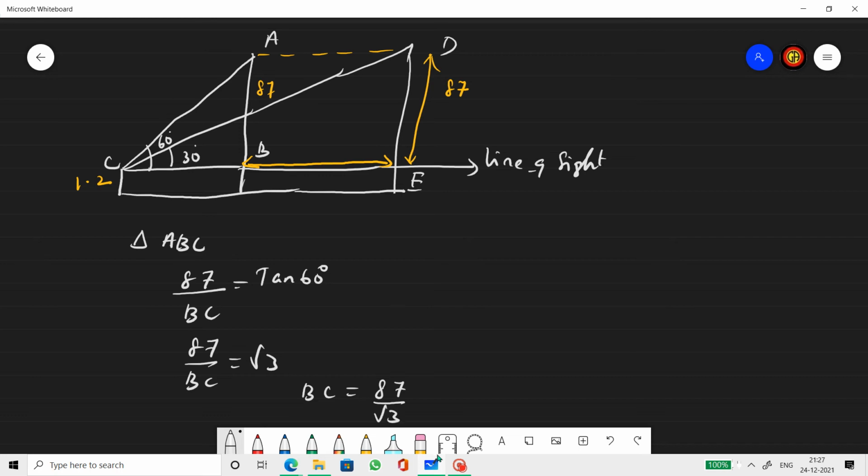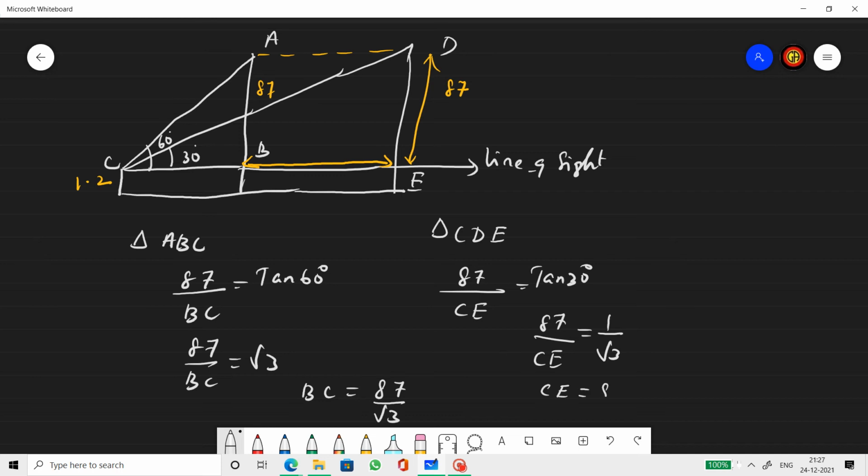Now take triangle CDE, where 87 by CE, the total length, equals tan 30. So 87 by CE equals 1 by root 3. So we get CE equals 87 root 3.